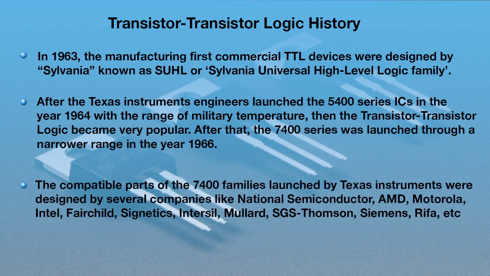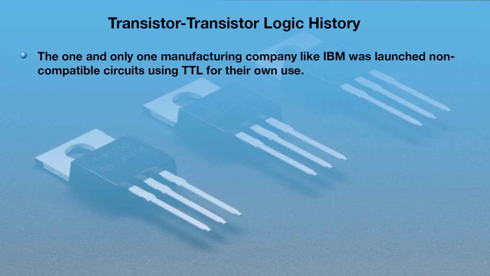Compatible parts of the 7400 family were designed by several companies like National Semiconductor, AMD, Motorola, Intel, Fairchild, Signetics, Intersil, Mullard, SGS Thomson, Siemens, Rifa, etc. Only one manufacturer, IBM, launched non-compatible circuits using TTL for its own use.